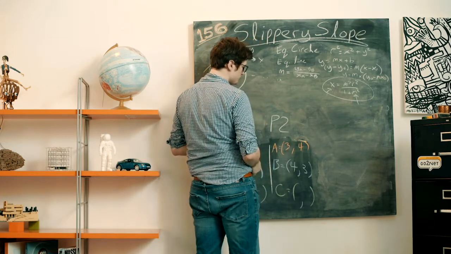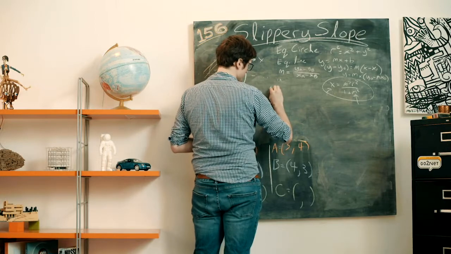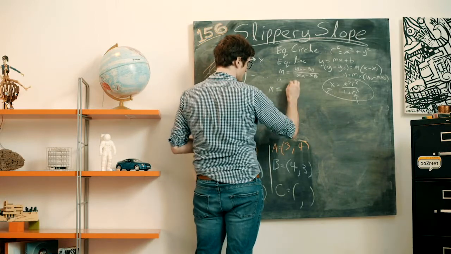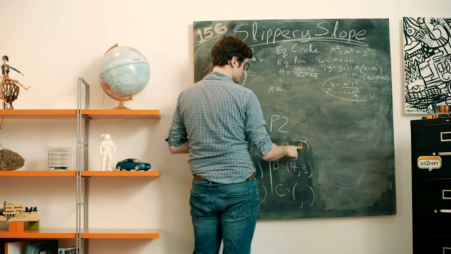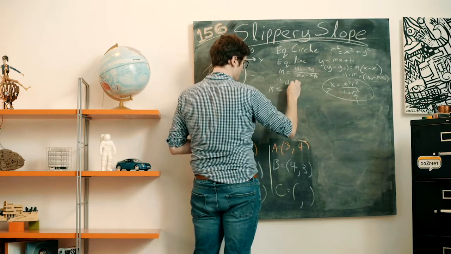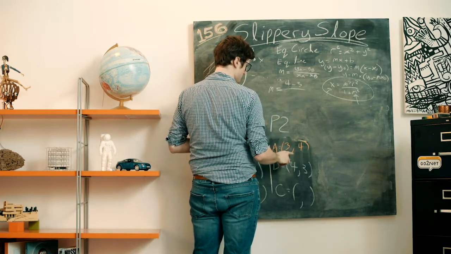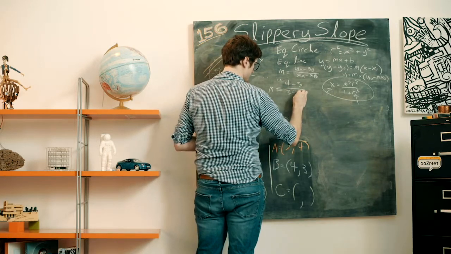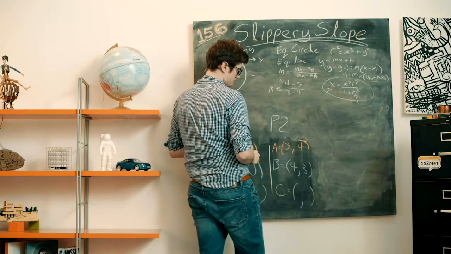All right, so we have these 2 points here. So let's first find m. So m is going to be, again, ya over minus yd. So 4 minus 3 over 3 minus 4. Okay.